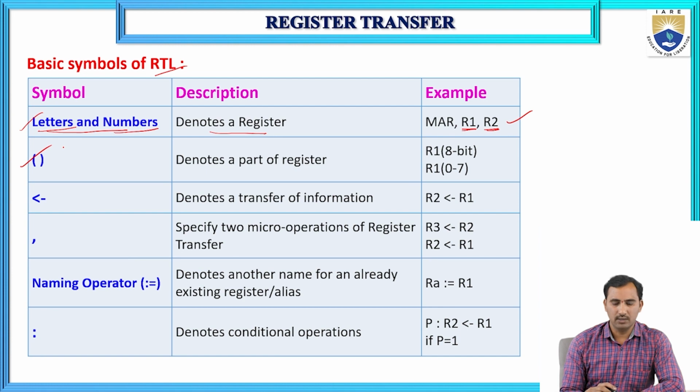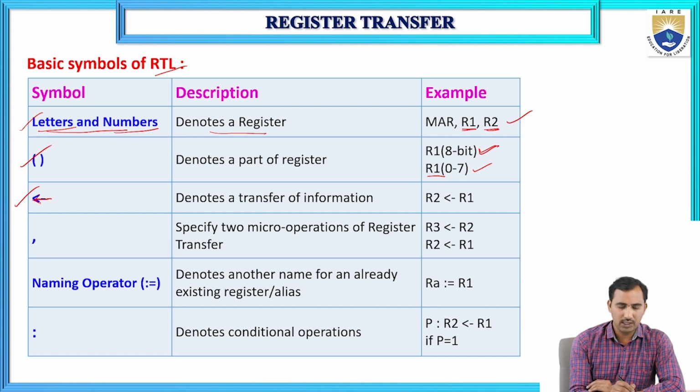Second, the parentheses denote a part of a register. For example, R1 within parentheses, 8-bit, represents the size of that particular register; it is an 8-bit register. Next, R1(0 to 7) means a total of 8 bits can be stored in this R1 register. Next, the left arrow represents register transfer, a transfer of information.